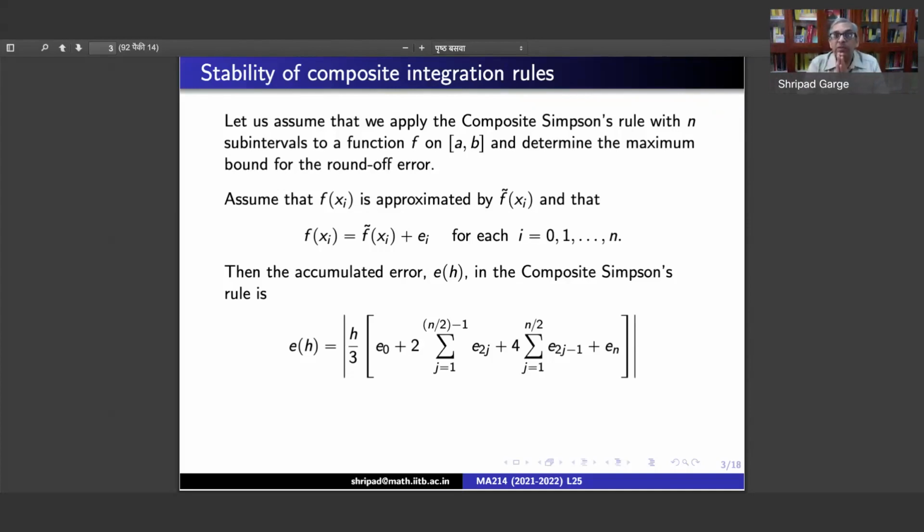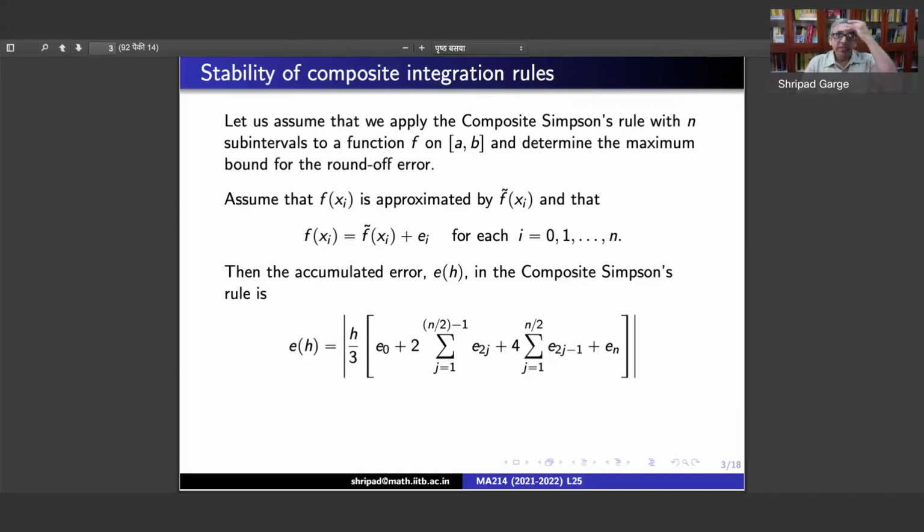So the corresponding coefficients are given to the errors as well. So we have h by 3, and then we are summing e_0 plus 2 times the sum over j going from 1 to n by 2 minus 1 of e_2j, plus 4 times the sum over j going from 1 to n by 2 of e_(2j minus 1), plus the last one e_n.